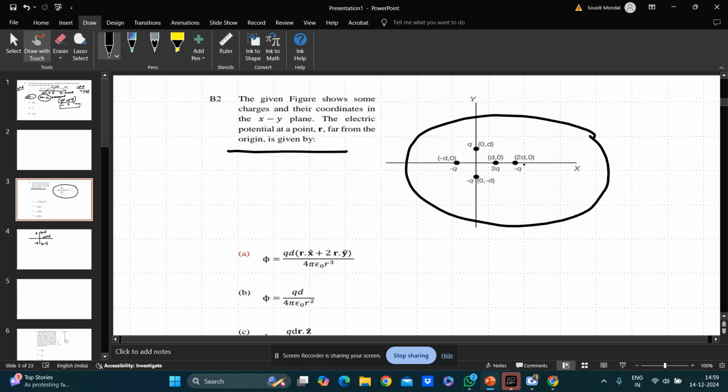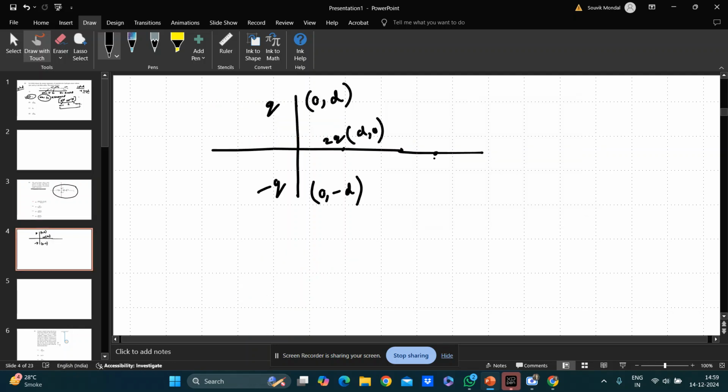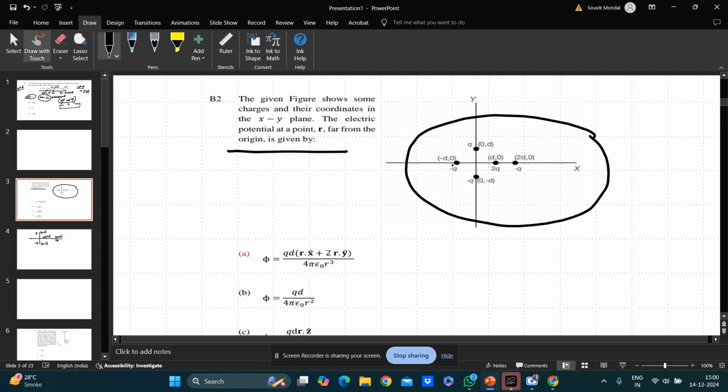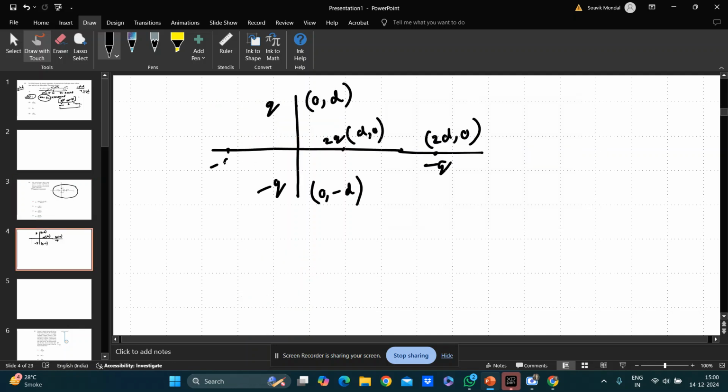Here is a charge minus q at (2d0, 0). And here is minus q at (minus d0, 0).